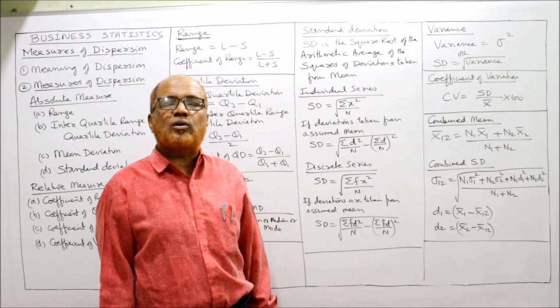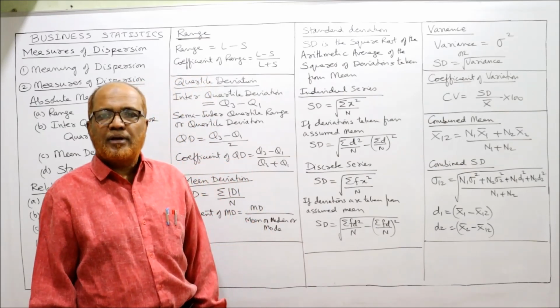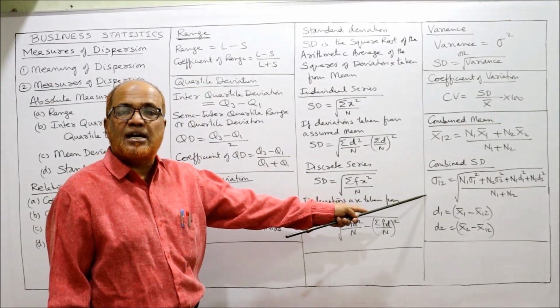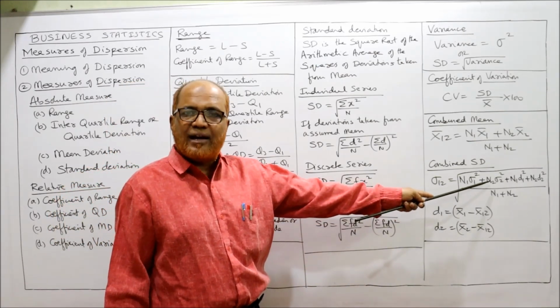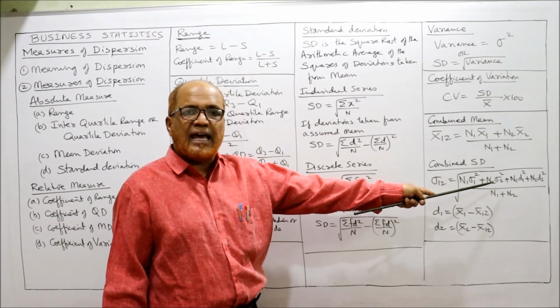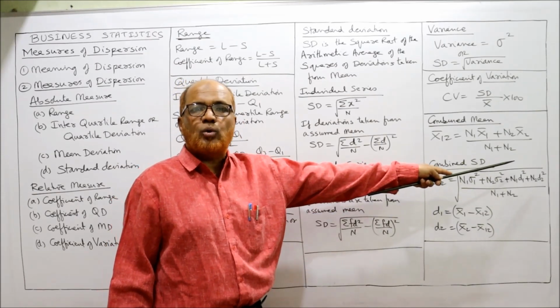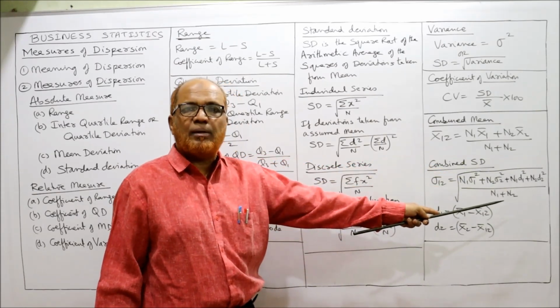To find the combined standard deviation, the formula for sigma 12 is equal to the square root of n1 sigma 1 square plus n2 sigma 2 square plus n1 d1 square plus n2 d2 square, divided by n1 plus n2.